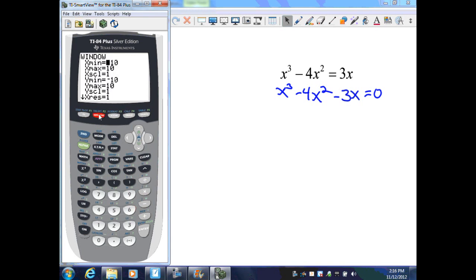I think I can go to a minus 4 for my min, 5 for my max, and probably to about a negative 30 on my y min. Still to a scale of 3. And then graph. That's a better picture of my polynomial.